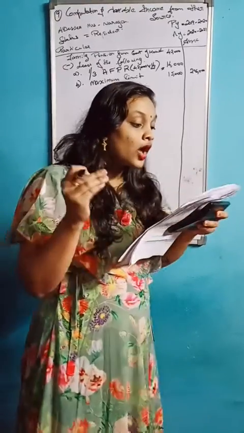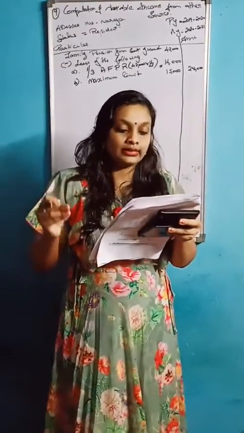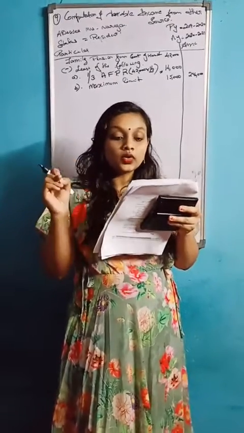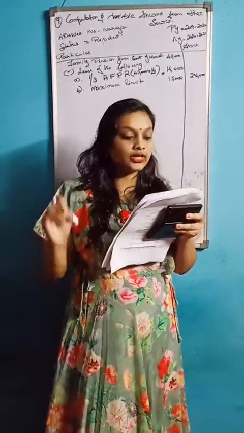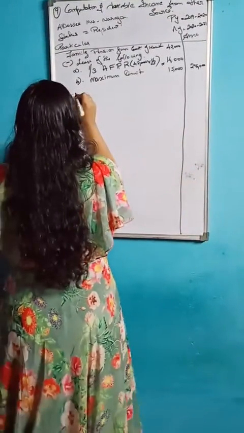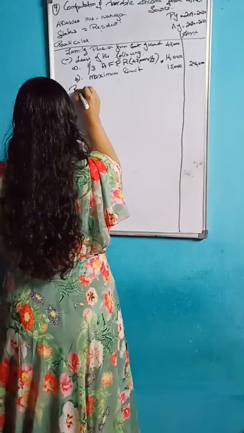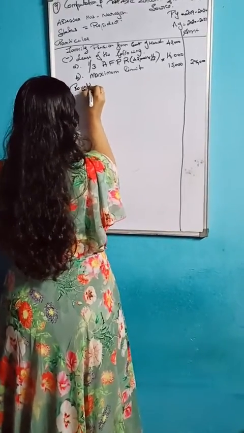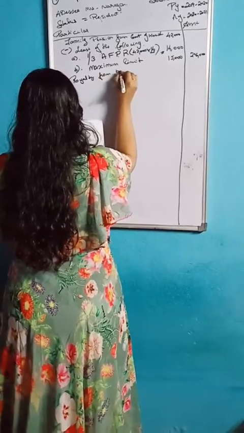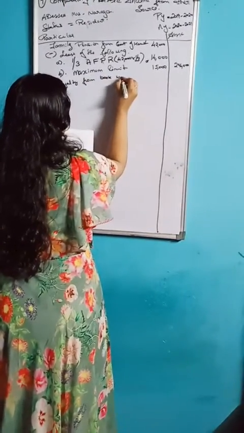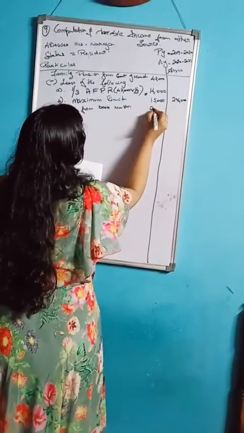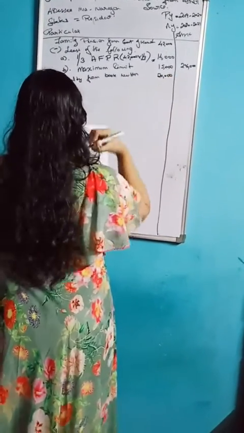Next one is royalty from book return 20,000, expense incurred rupees 2,500. So royalty from book return, that is 20,000.